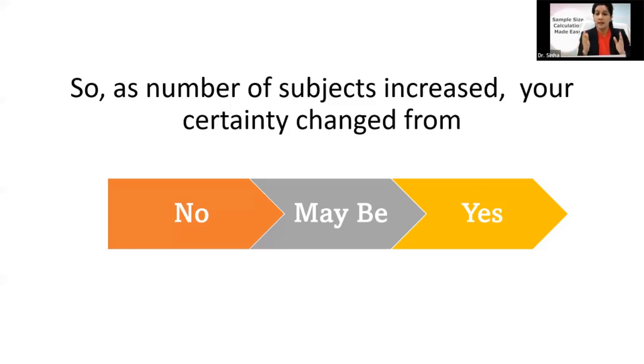The ultimate aim of research is to convey something about a population parameter, because the population parameter is not known.